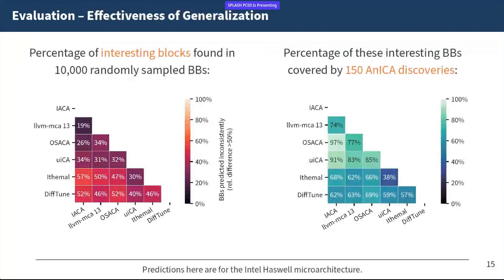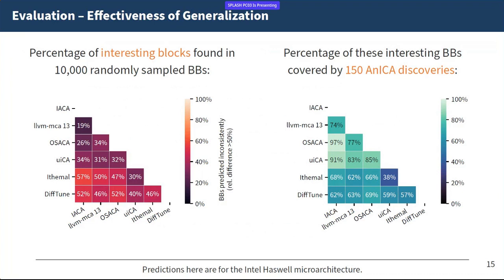But first, for the first direction, let's revisit again the heat map here in red on the right-hand side. Again, it shows the percentage for each predictor pair of basic blocks that were predicted inconsistently. What we did was for each of these predictor pairs, we ran an AnICA campaign, finding 150 abstract basic blocks which represent inconsistencies.